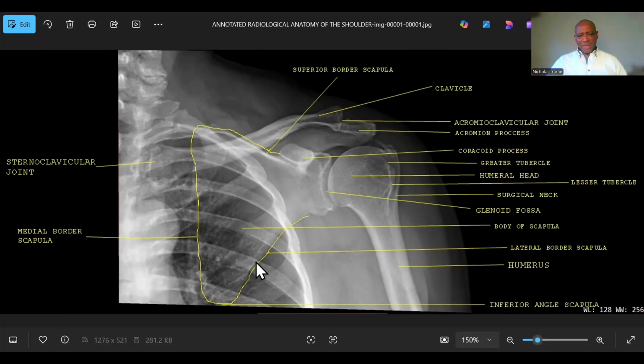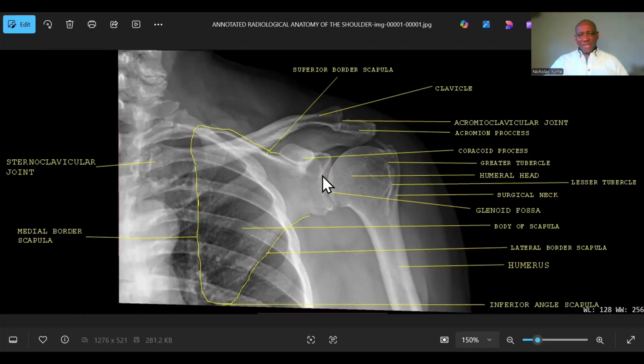Then you have a lateral border, which is also called the axillary border because it's close to the axilla, while the medial border is close to the vertebrae, which is called the vertebral border. And there are other structures you can see around here. You have the coracoid process, which is a projection used for attachment of muscles.